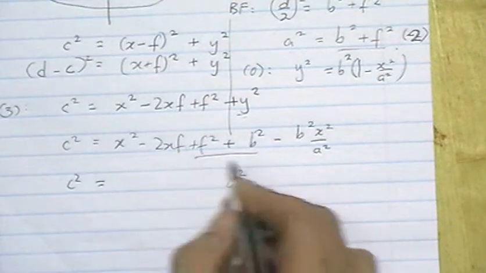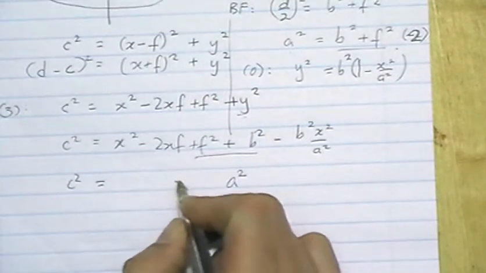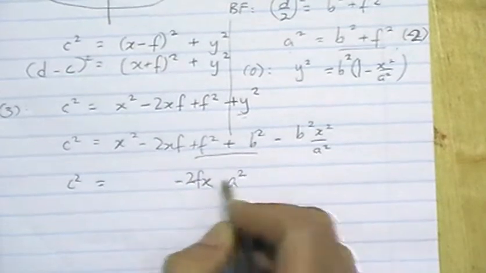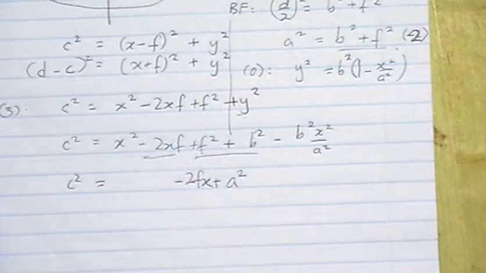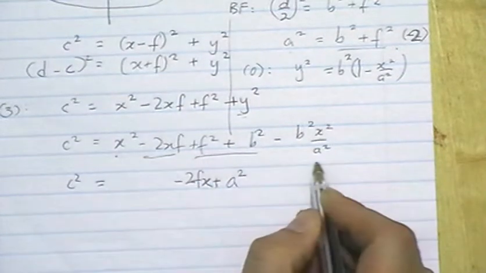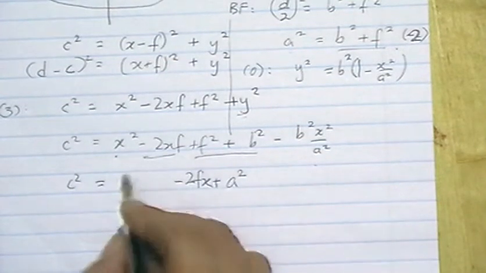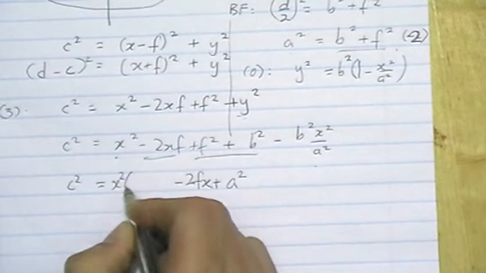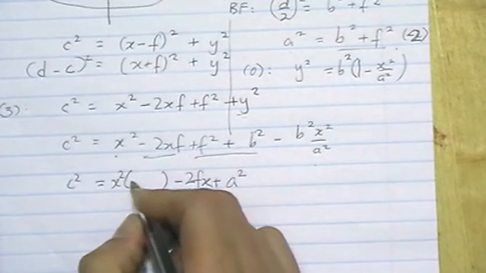So let me write down some of the other terms. So that would be minus 2fx from there. And those two I could combine to give x squared bracket 1 minus b squared over a squared.